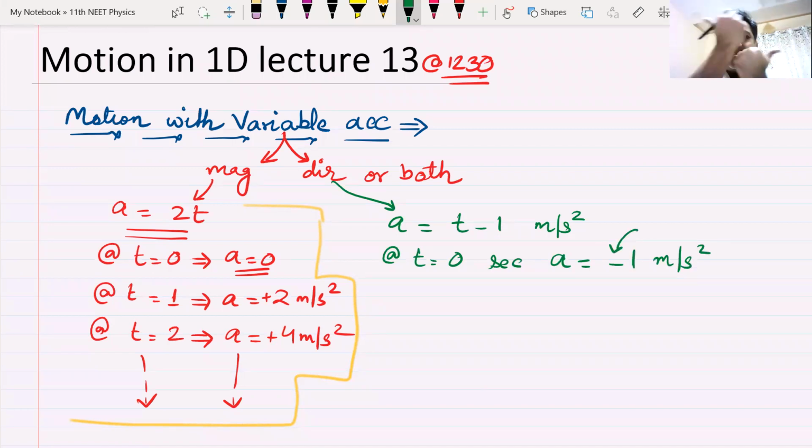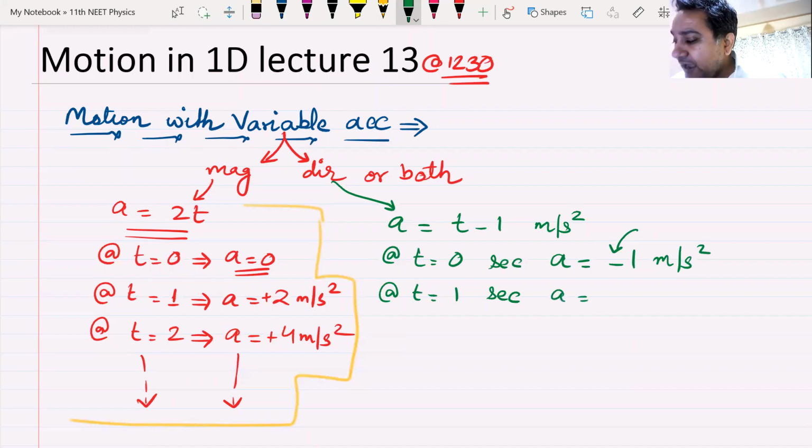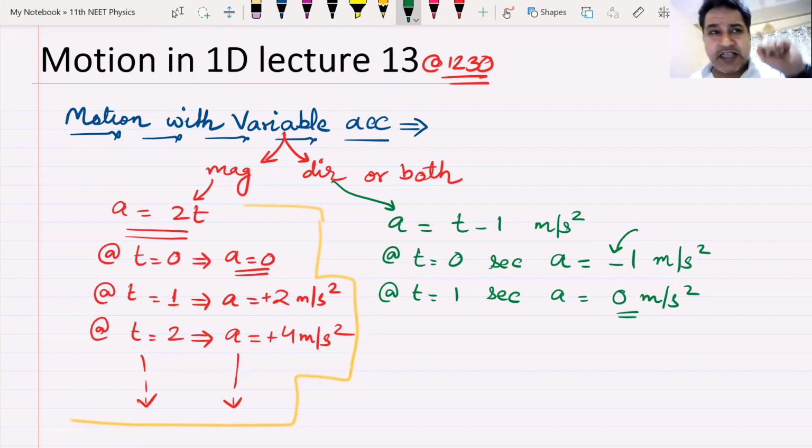So velocity is like this, acceleration would be like this. Listen to me very carefully. At t equal to 1 second, what is the value of acceleration? Acceleration becomes 0 meter per second square. So you can see two things have happened. Acceleration has changed in magnitude, but that was not my concern. Acceleration was also changing in magnitude here.